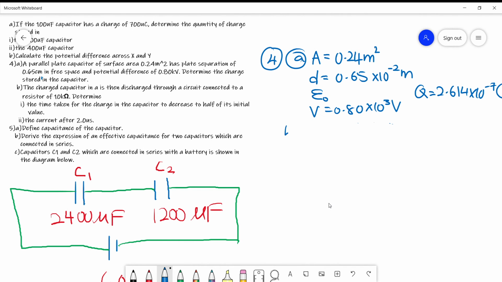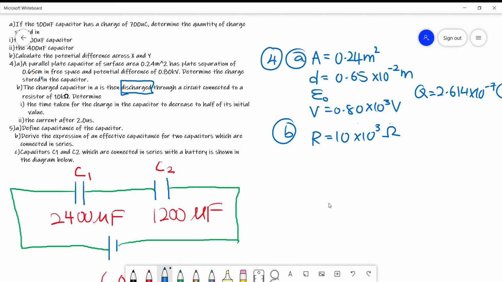Okay, question B. This is the information from the previous question. The charged capacitor is then discharged through a circuit connected to a resistor of 10 kilo ohm.